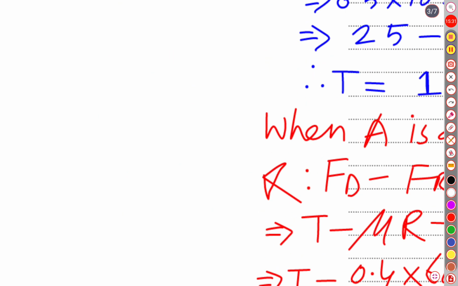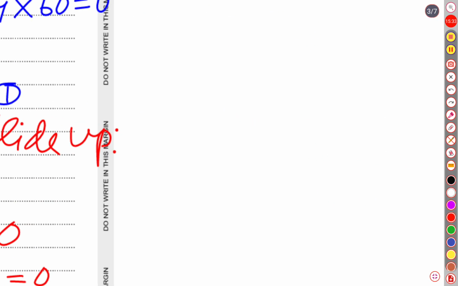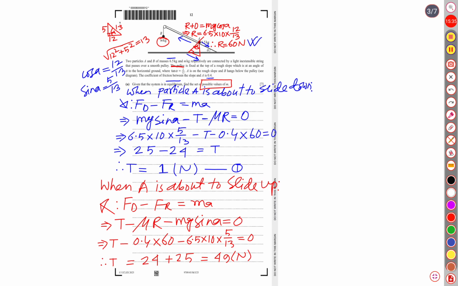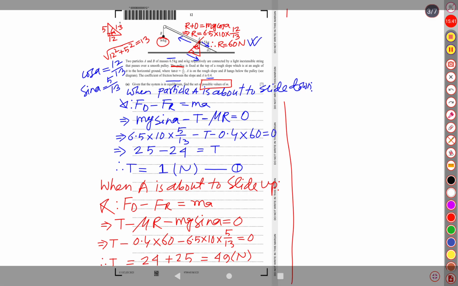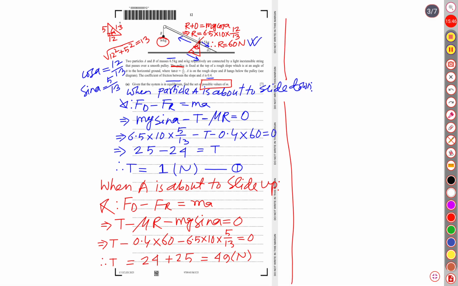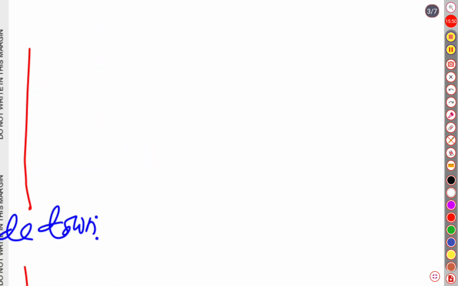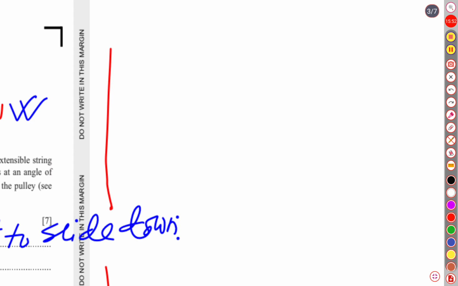Let me write over here on the right side. So if I draw a line segment over here. So for A, now when B moves up or down, it's all about B.